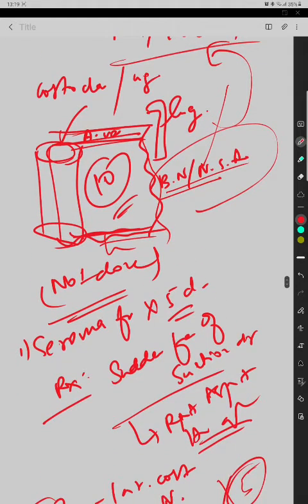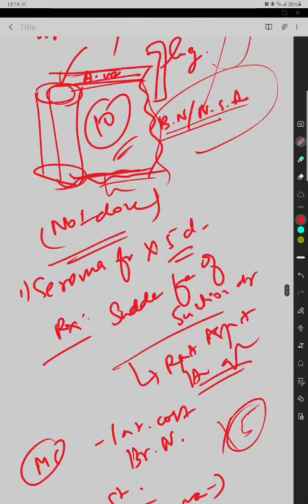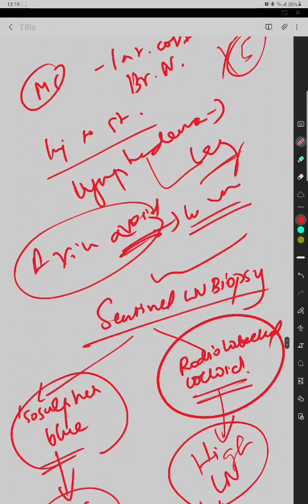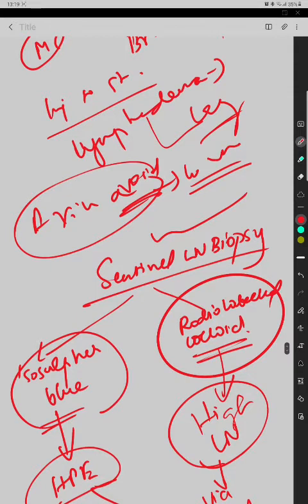Here we have the thoracodorsal pedicle, but nowadays it's not done. Complications: seroma for 5 days, sudden tight dressing, intercostobrachial nerve injury, lymphedema, lymphangiosarcoma.